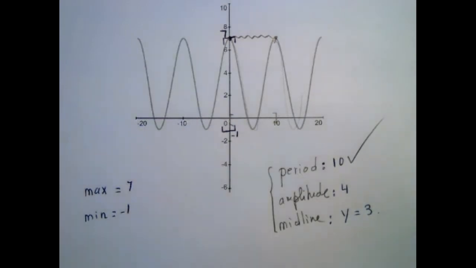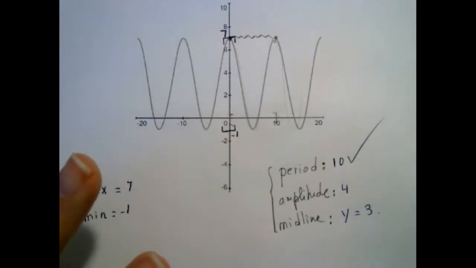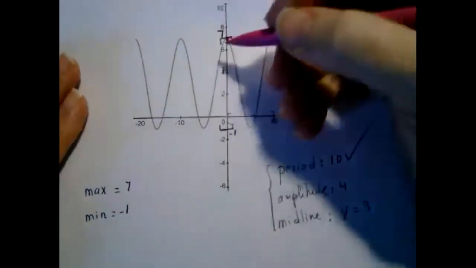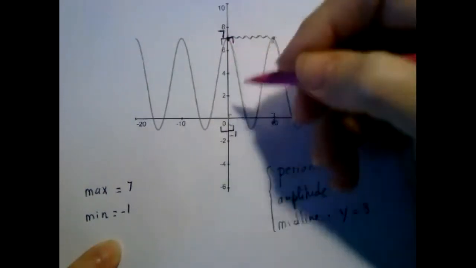Very good. Now, I want the amplitude. And like last time, I want to do it first by eyeballing it very carefully. Second, I will use the formula, because I insist that you can do it both ways. So the midline is halfway between 7 and -1, exactly halfway.